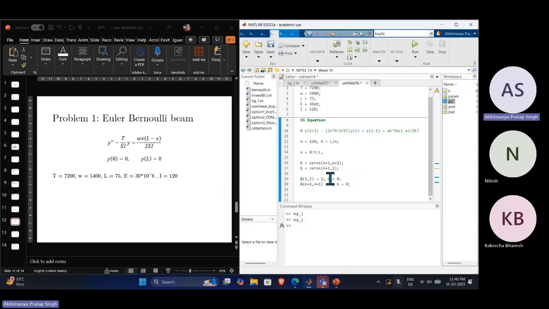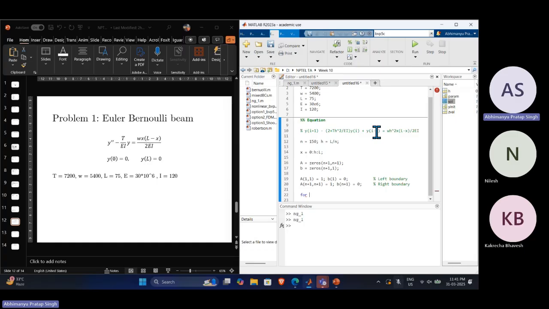So this is the first term, and this is the n plus 1th term, the right boundary.